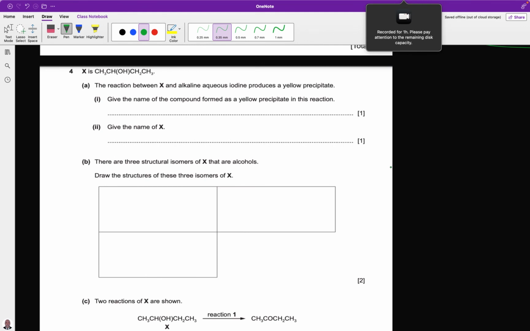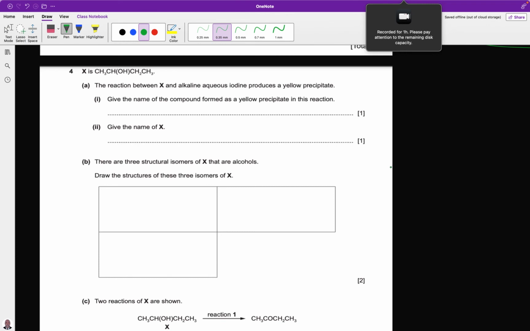Another question has to do with alcohols. X is CH3CHOHCH2CH3. The reaction between X and alkaline aqueous iodine produces a yellow precipitate. Give the name of the compound formed as a yellow precipitate in this reaction. Remember, only a secondary alcohol will undergo this reaction to produce a yellow precipitate, and that yellow precipitate is what we call triiodomethane.